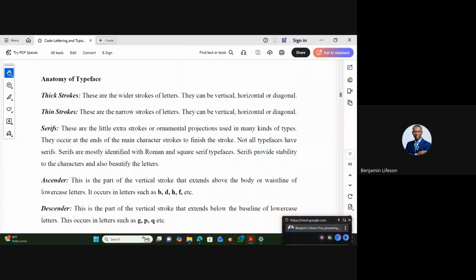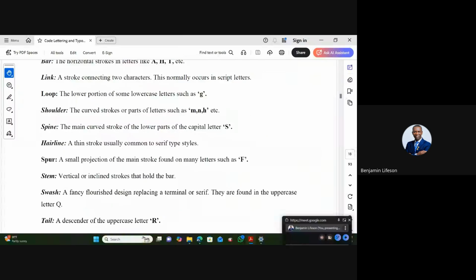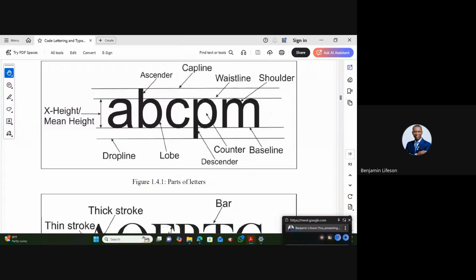Ladies and gentlemen, there is a need for us to look at the next one, ascender. Now let's look at the meaning of ascender, this will help us a lot.